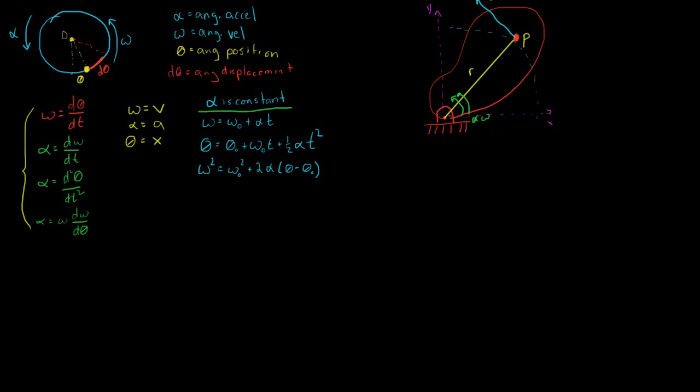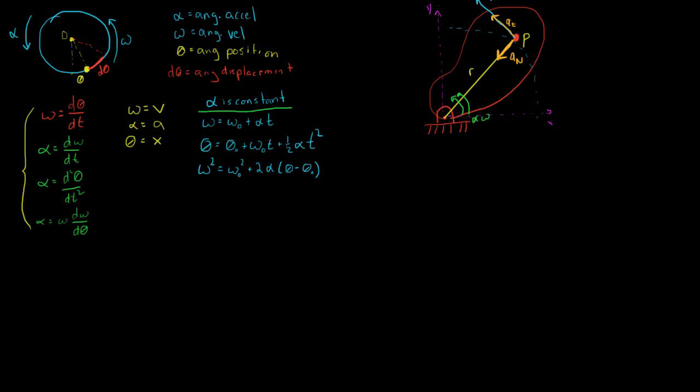So here's its velocity. Because it has an angular acceleration, it's going to have a tangential acceleration this way, and it's going to have a normal acceleration, which points back in towards the circular path. Here's its normal acceleration.